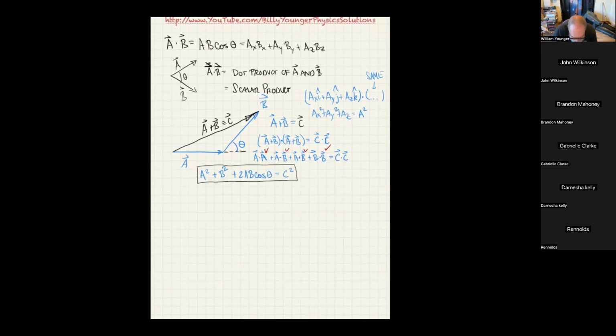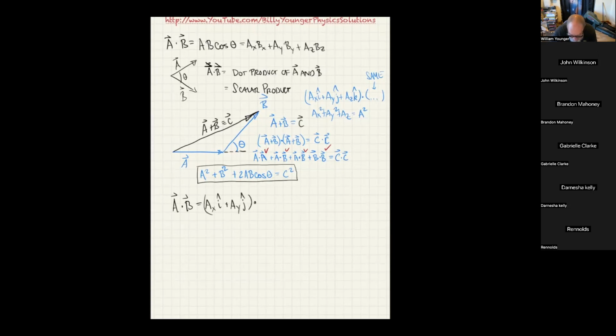If you took A and dotted it with B, you could write this as Ax, and I'm just going to do two components. The Z would just be an extra term, but it'll save me a little bit of paper and time. So I'm going to say this is just Ax i hat plus Ay j hat.